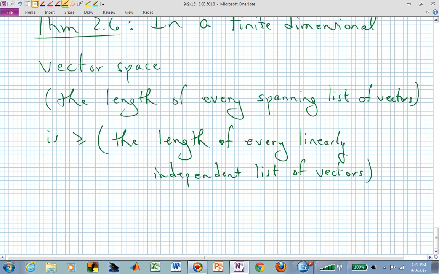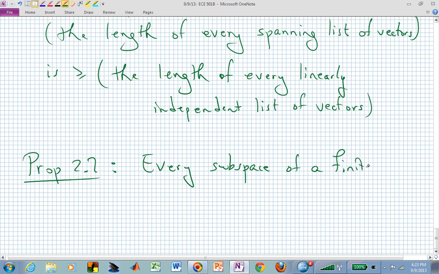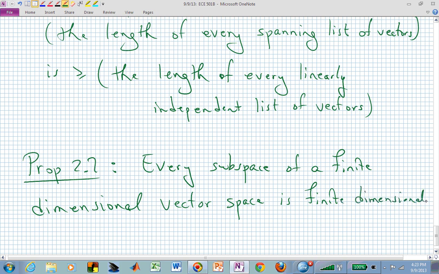The other result or property is proposition 2.7. And this says that every subspace of a finite dimensional vector space is finite dimensional.